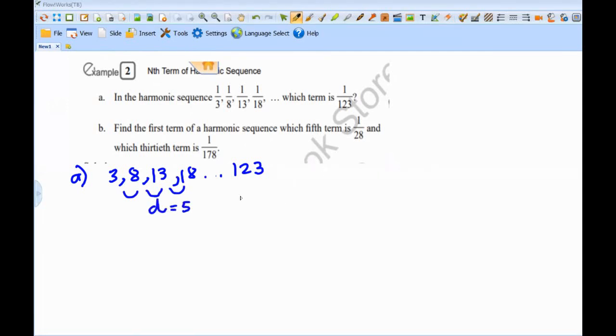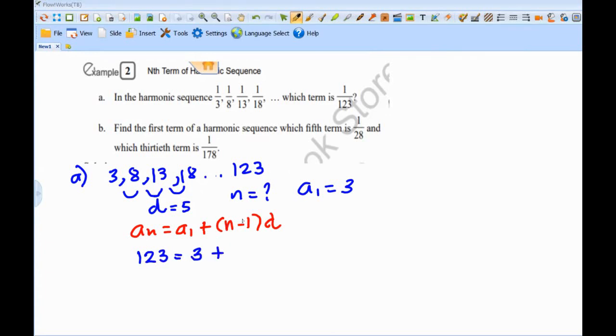So we are looking for the nth term. Since our a sub 1 is 3, again, our formula that we are going to use is a sub n equals a1 plus n minus 1 times the common difference. So a sub n is equal to 123, a1 is 3, plus n is the unknown, and the common difference is 5.